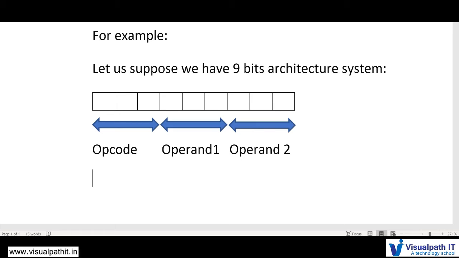Since we have 3 bits in each part, 2 to the power 3 gives us 8 different combinations: 000, 001, 010, 011, 100, 101, and likewise.